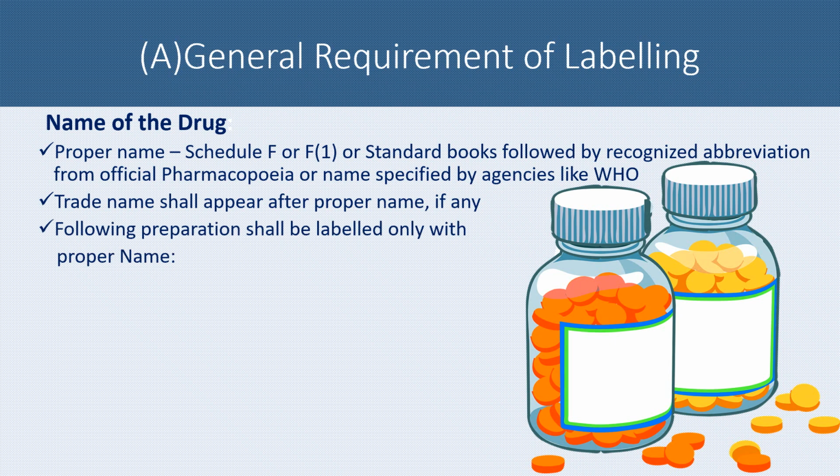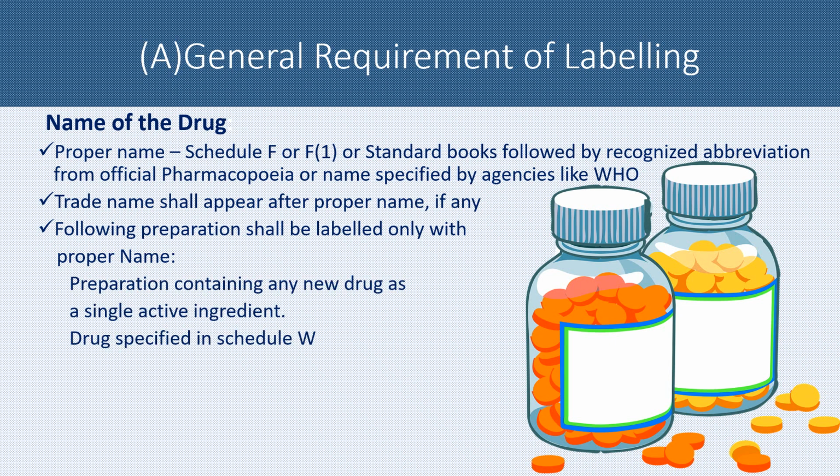Then the following preparations shall be labeled only with the proper name: a preparation containing any new drug as a single active ingredient, which should be mentioned over there, and drugs specified in Schedule W. So that is to be under the name of the drug.